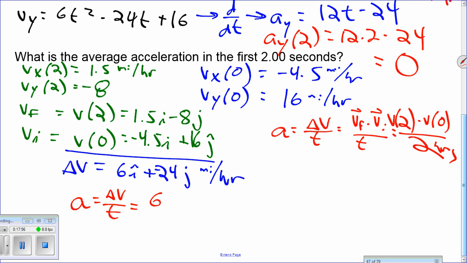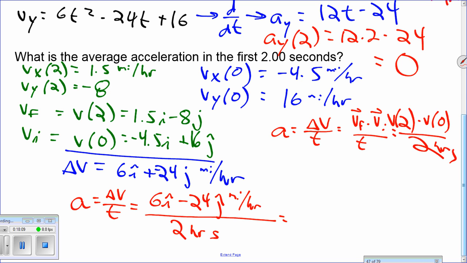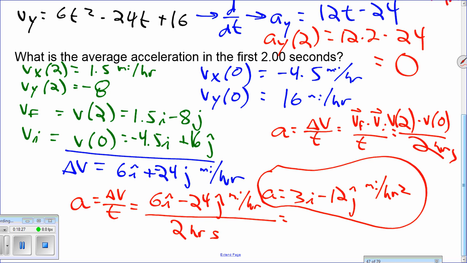So our change in velocity is the 6i minus 24j miles per hour over, how much time did that take? 2 hours. And so 6 divided by 2 gives me 3. 24 divided by 2 gives me 12. So I'm looking at 3i minus 12j miles per hour squared as the acceleration. And then if I actually wanted the magnitude, then you can do the Pythagorean theorem and put it back together.